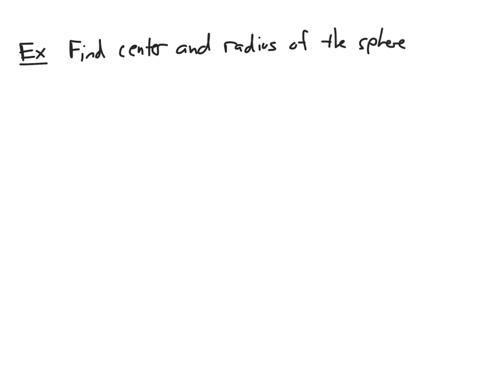Let's say I wanted to find the center and the radius of the sphere given by the equation x squared plus y squared plus z squared plus 3x minus 4z plus 1 equals 0.